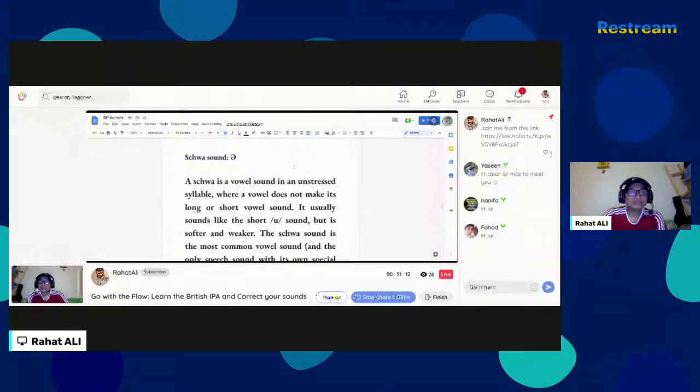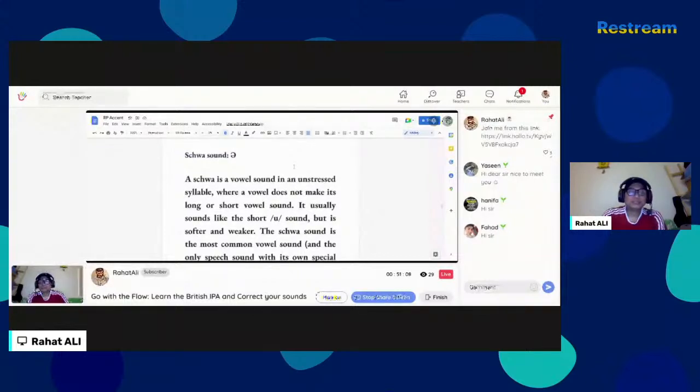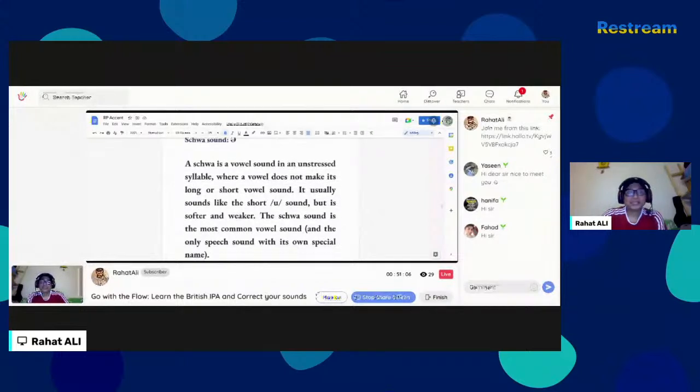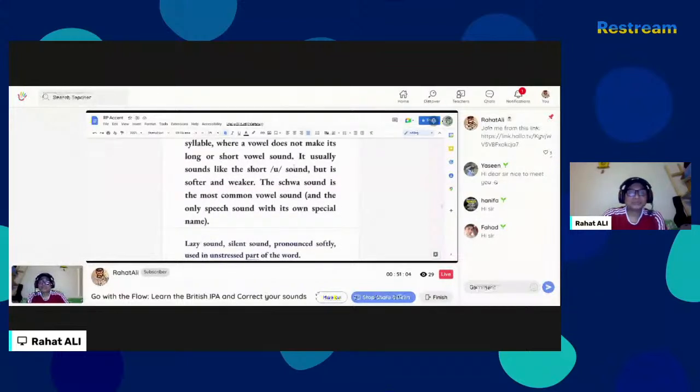It usually sounds like the short uh sound, but is softer and weaker. The Schwa sound is the most common vowel sound and the only speech sound with its own special name. As you can see, all the vowel sounds have got names, but the Schwa sound has got only a special name, which is Schwa sound.